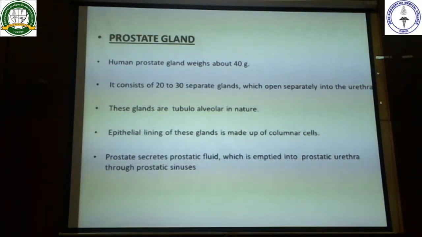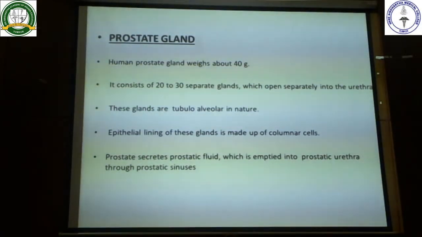So your primary organ is helping, and accessory male organs are also secreting to finally form semen, and these prostatic secretions are emptied into the prostatic urethra through the prostatic sinuses.